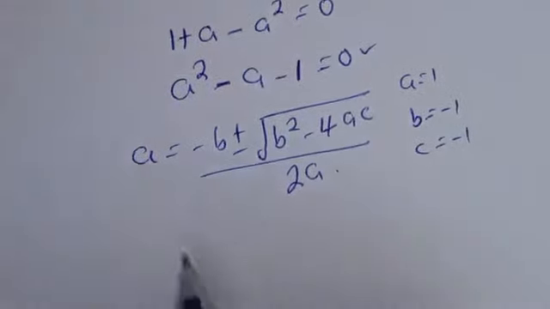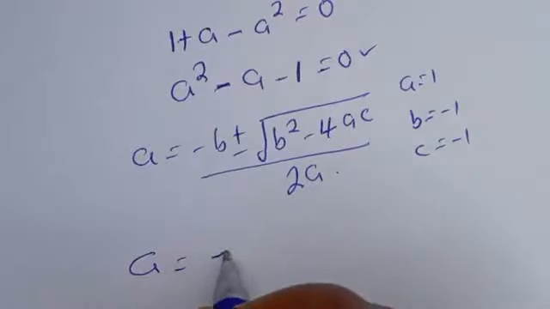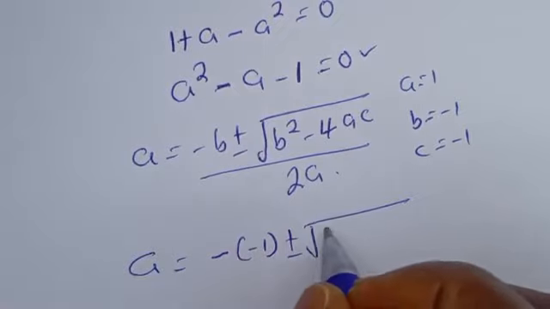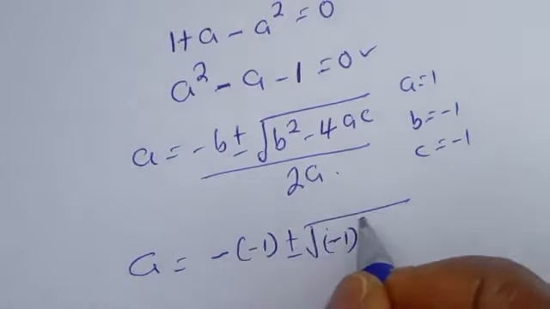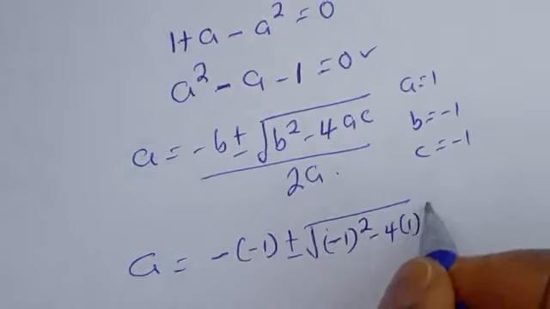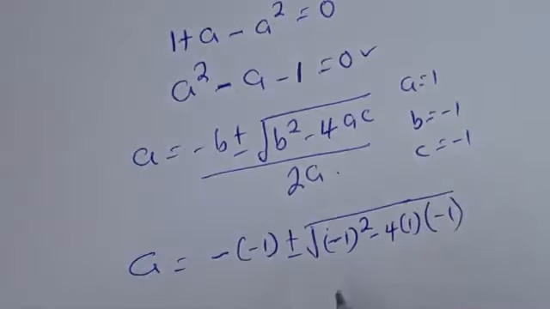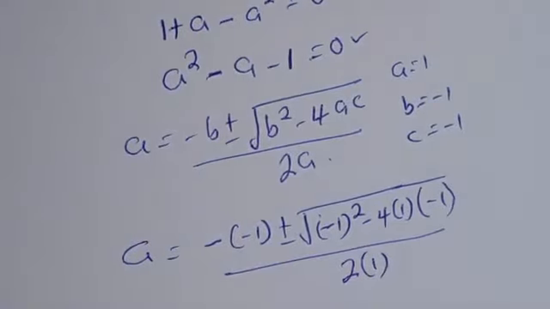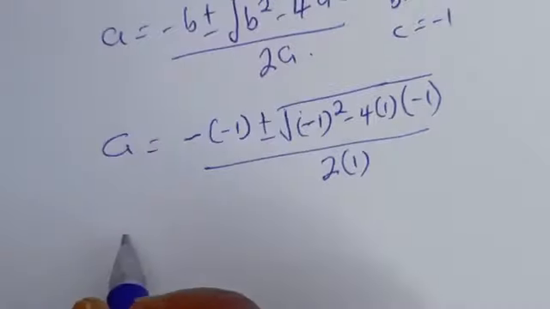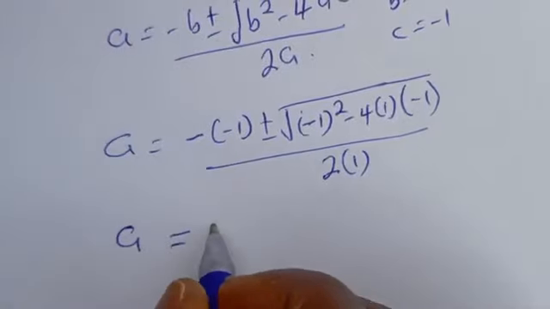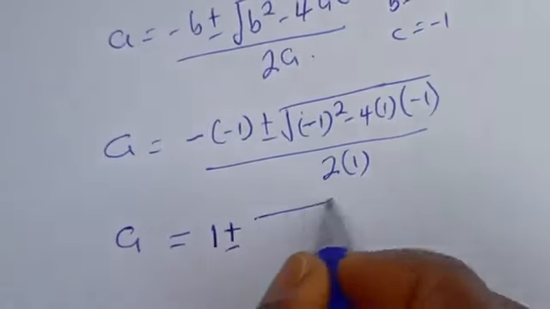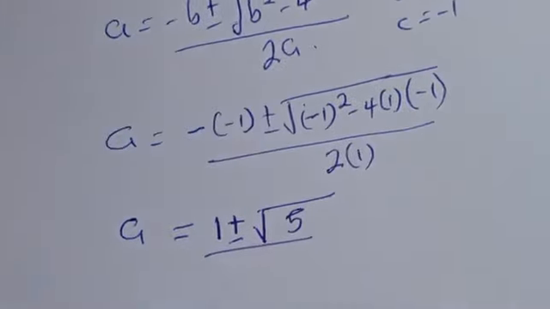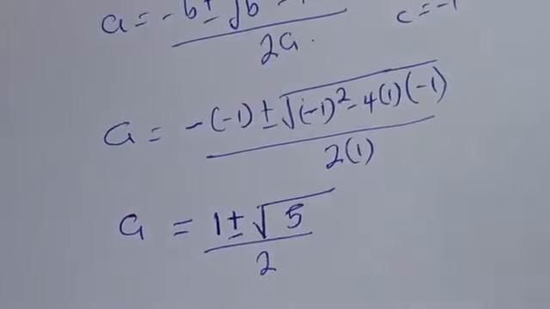Then a is equal to minus bracket minus 1 plus or minus square root of minus 1 squared minus 4 multiplied by 1 multiplied by minus 1, which is c, then over 2 multiplied by 1. A is equal to 1 plus or minus square root of 5, over 2.